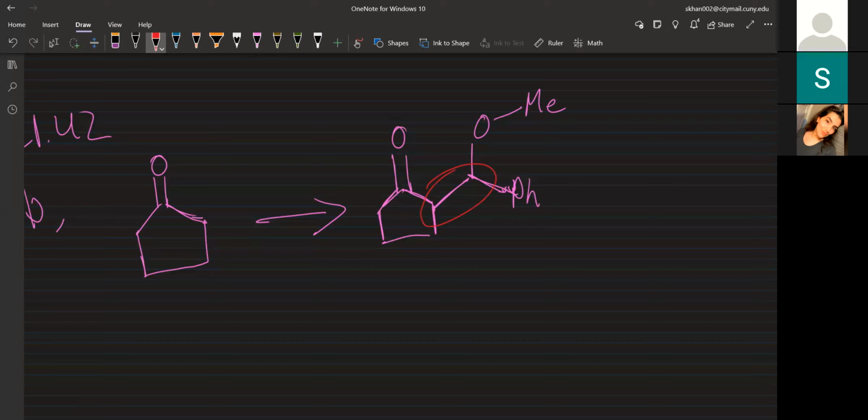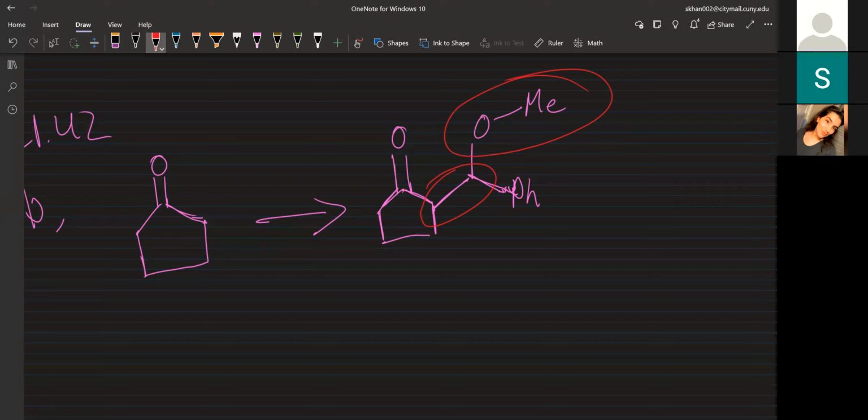One thing to look at here is what's different, which is this OMe, which you guys probably haven't seen before, but it's still nothing hard. It's just thinking about what happens in these steps.